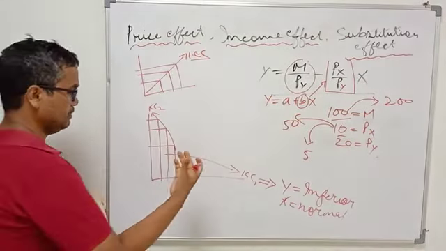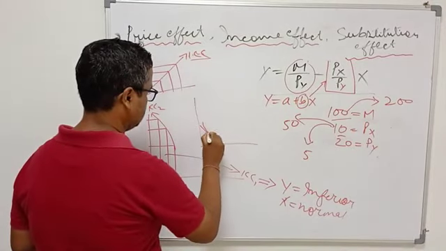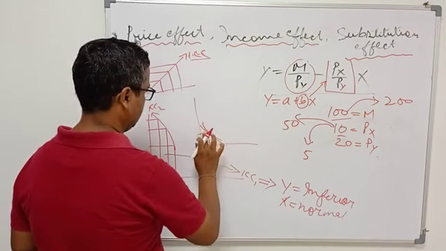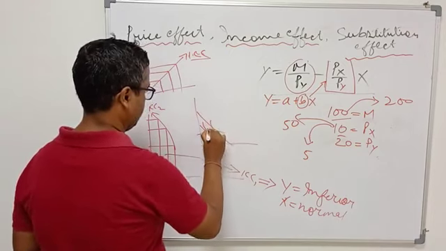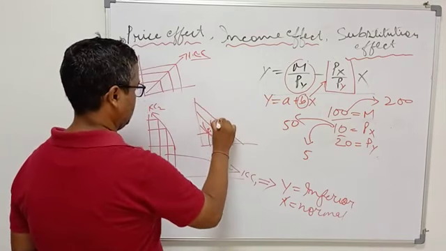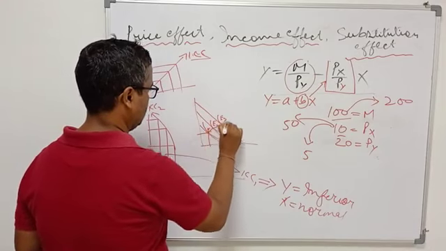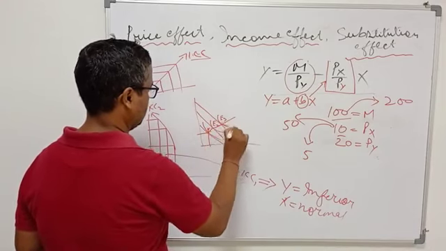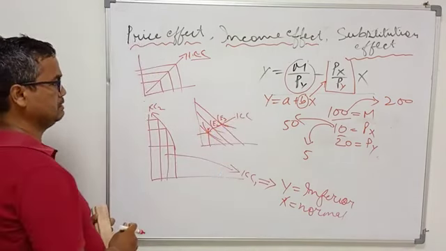Okay, so income effect means, again, let me draw the graph. Different income levels, E1, E2, E3. If you join all these points, the equilibrium points, this is E3, equilibrium point. If you join all equilibrium points, you will get the ICC.